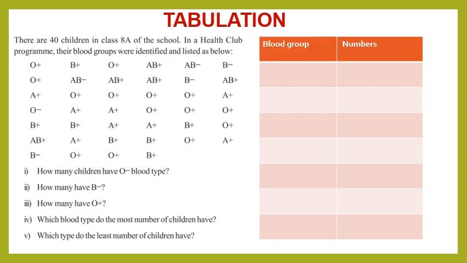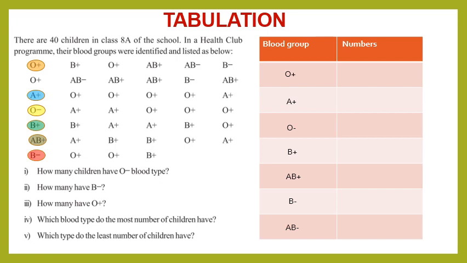So, write what are the different blood groups given in the question. O positive, A positive, O negative, B positive, AB positive, B negative and AB negative, right? Then count each blood group. First let us count O positive.